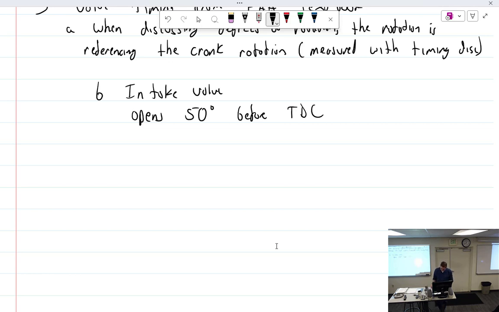They're going to tell you that. And closes, we're just going to go with it, 30 degrees after bottom dead center. Exhaust valve.